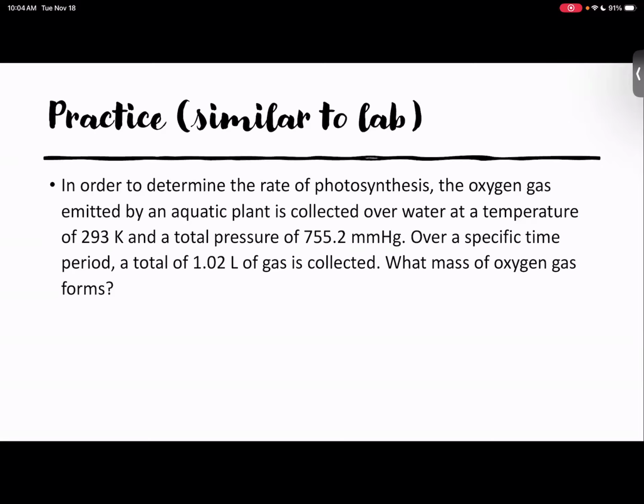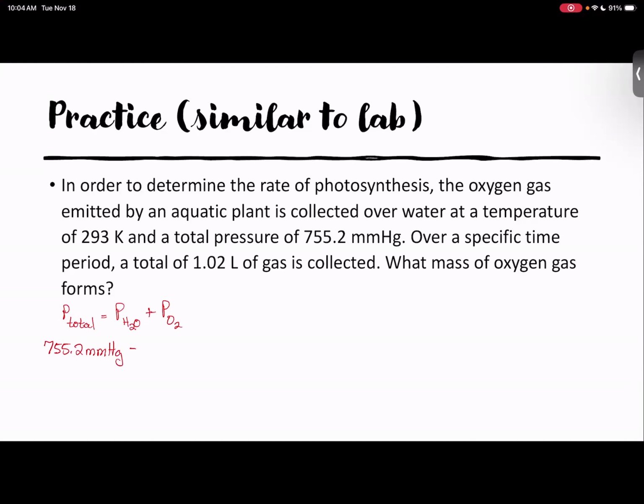Okay, looking at this, we know that our total pressure is going to equal the pressure of the water plus the pressure of our oxygen gas. We were given P total of 755.2 millimeters of mercury.